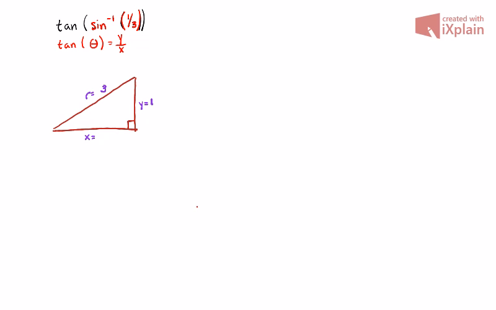That doesn't change, even though we're looking at the inverse sine, it's still giving us that ratio for a sine function. Because recall that the inverse sine of 1/3 is kind of equivalent to saying that the sine of some mystery angle is going to be equal to 1/3. So that's why I can comfortably identify that 1 is equivalent to my y value and 3 is equivalent to my radius value.